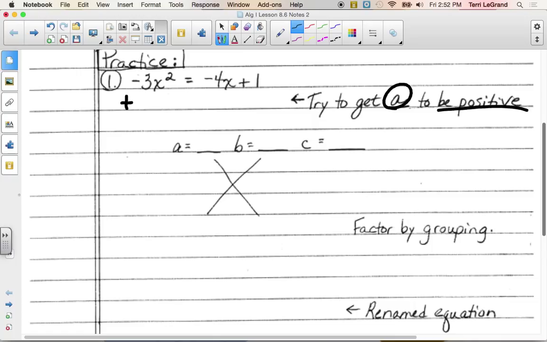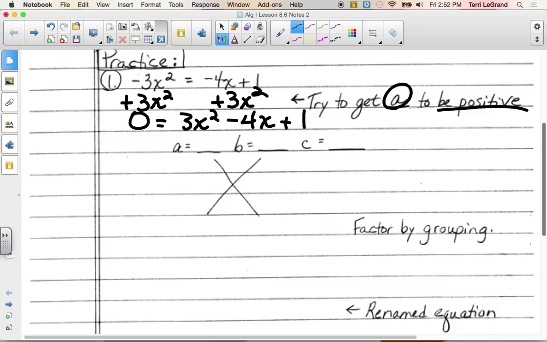So we're going to move the negative 3x squared, because then on the other side it will be a positive 3. So we have 0 on our left side of our equation. Let's put that in standard form right away. What would that look like in standard form? 3x squared minus 4x plus 1.